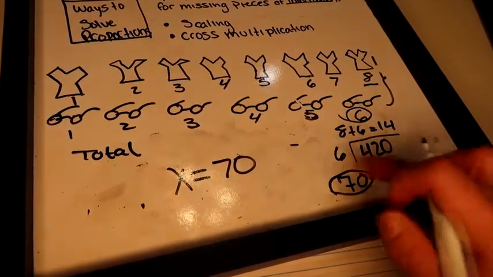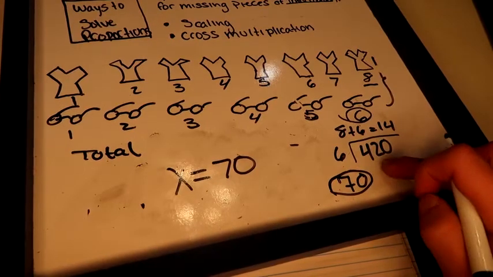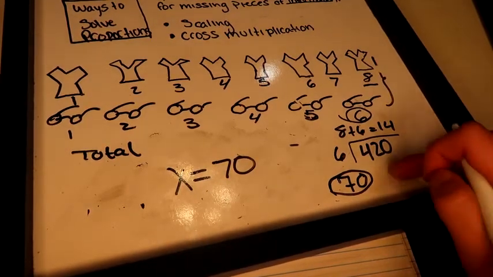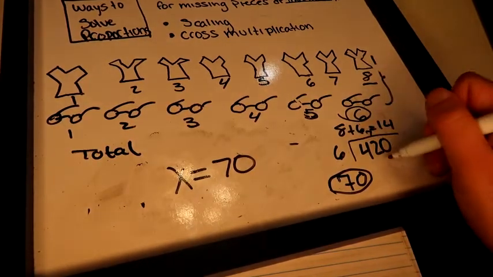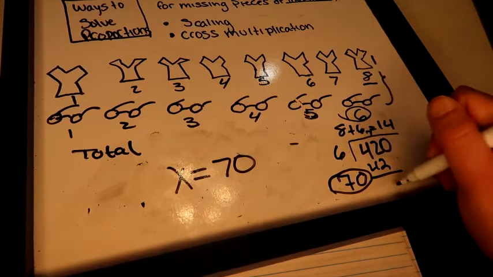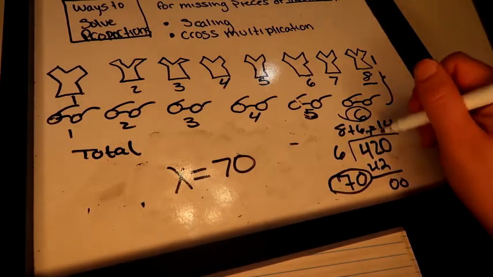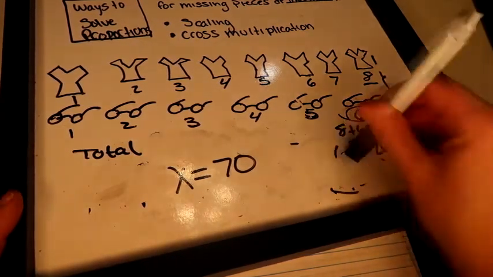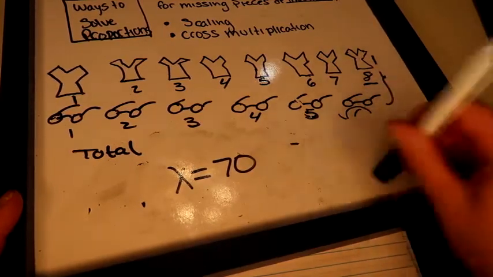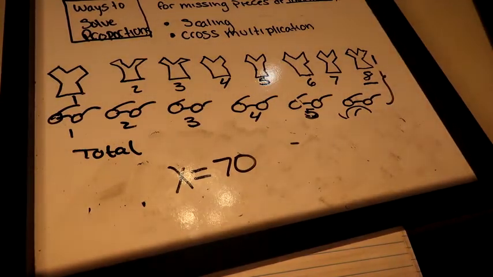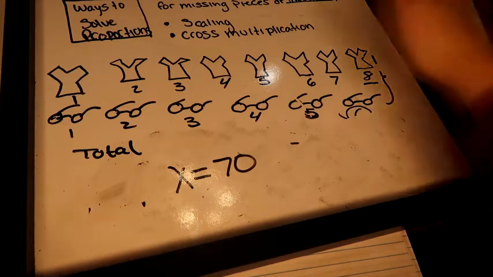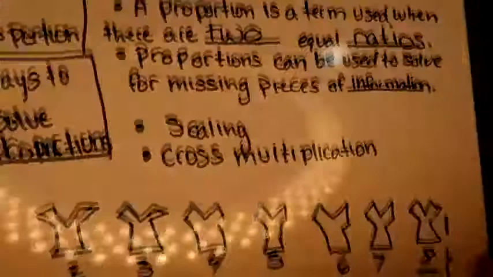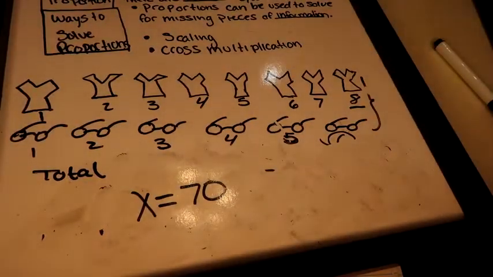You just, 6 goes into 42, 7 times, bring down the 0. 70. Okay? So if you made it this far, good job. I appreciate it. Give me a second. I'm going to shut the camera off. I'm going to erase this whiteboard, and we're going to move on to question number 5.